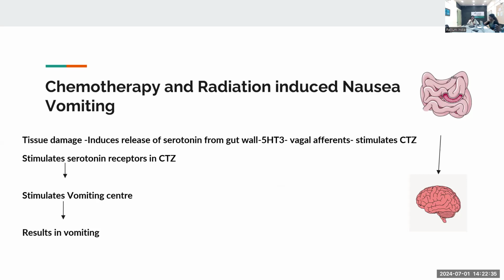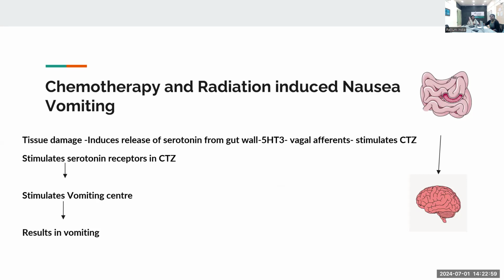It induces a release of serotonin from the gut wall, where in the gut we have serotonin receptors. So the released serotonin from the gut mucosa will activate the 5-HT3 receptor, and this in turn sends vagal afferents and stimulates the CTZ. Understood?